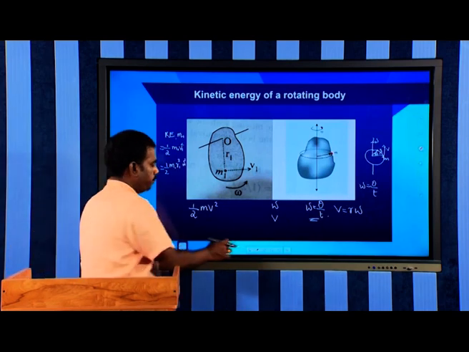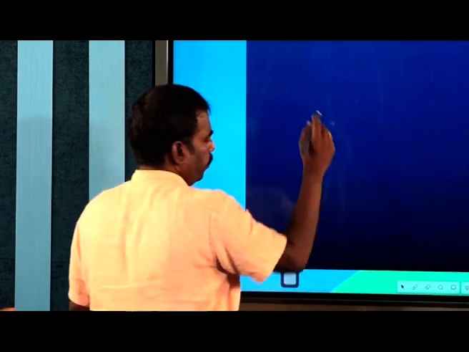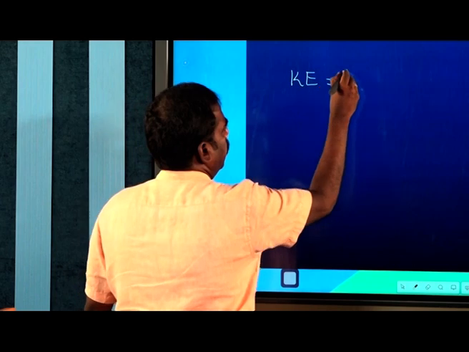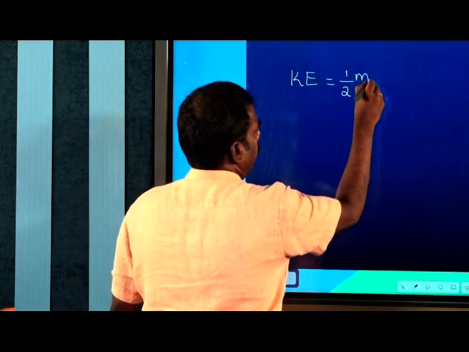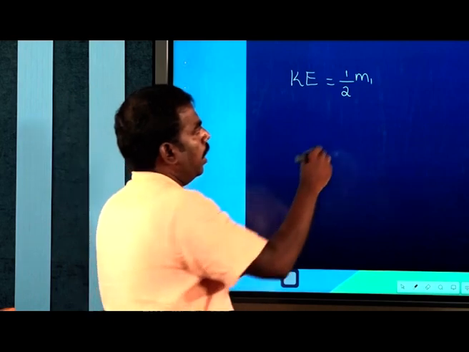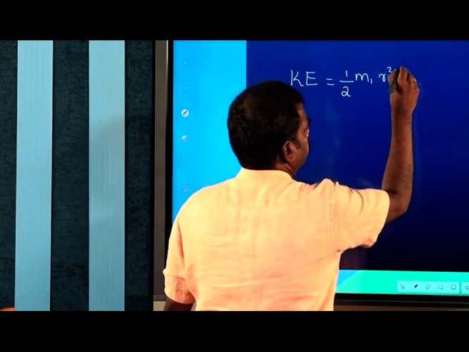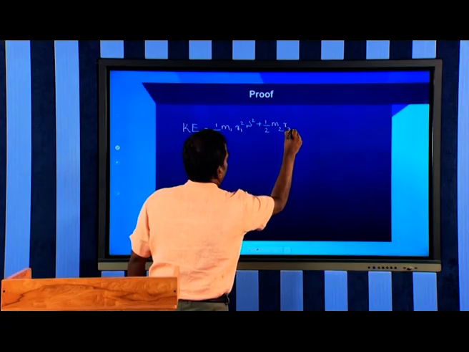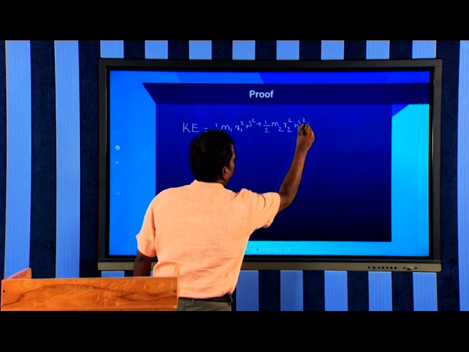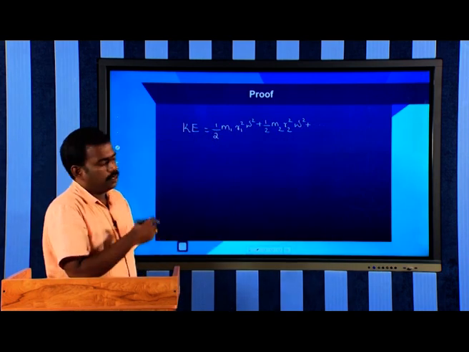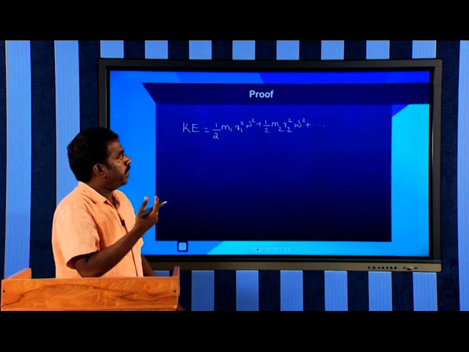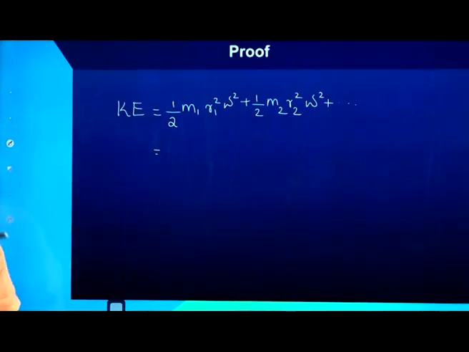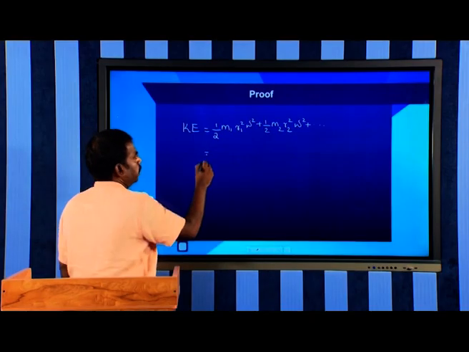So, the kinetic energy of the body is half m1 r1 square omega square plus half m2 r2 square omega square plus half m3 r3 square omega square plus etc. Just take omega outside, because all the particles are executing the circular motion with the same angular velocity.